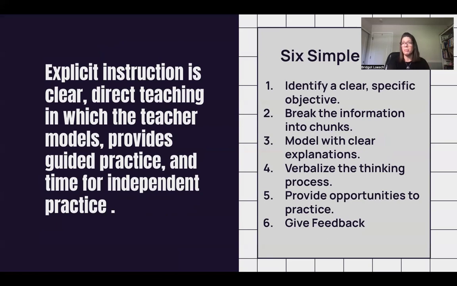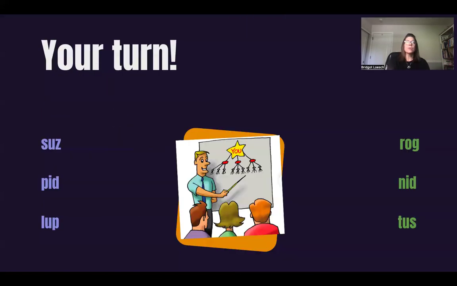You're going to break the information into chunks. You're going to model with clear explanations, verbalize the thinking process, provide opportunities to practice, and give feedback. And back to the words for you so that you'll have them there and you have your little cards. So don't worry about having to flip back and forth the presentation. Okay, so I'll give you a couple minutes to work with your teacher partner, and I'm just going to walk around the room and listen a little bit.